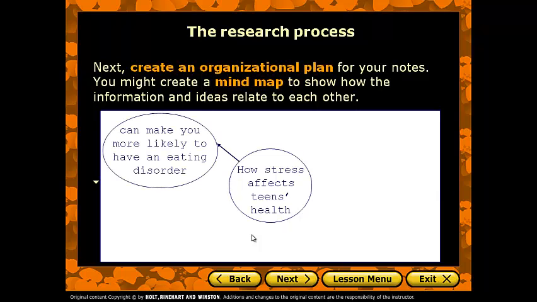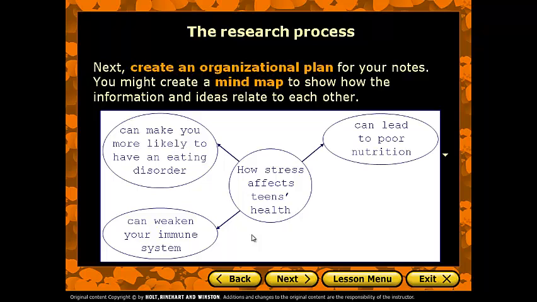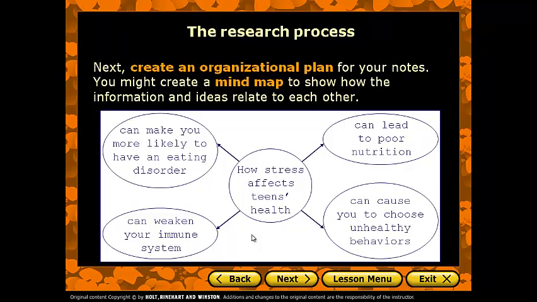And then this person is going to talk about eating disorders, about the immune system, about the impact on nutrition, and about the impact on a person's behavior. So this is a graphic organizer, a mind map.